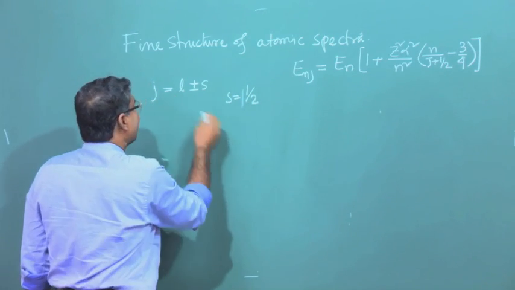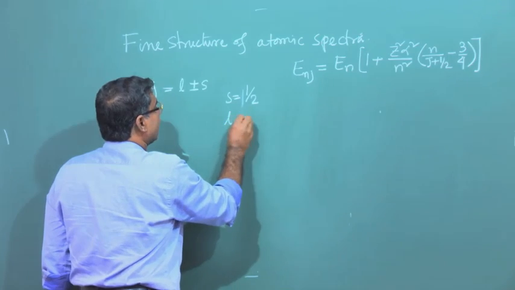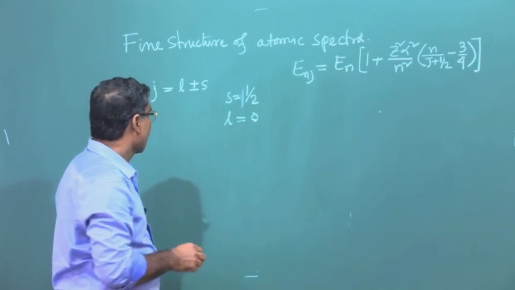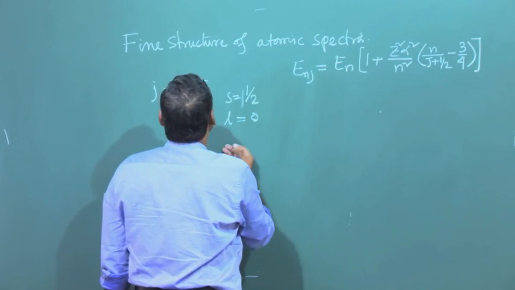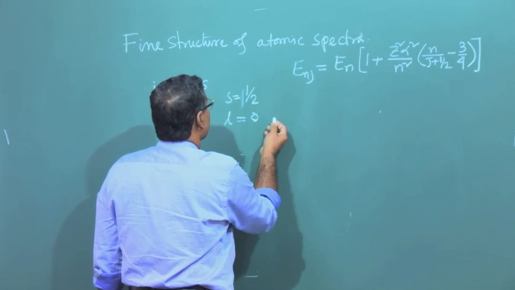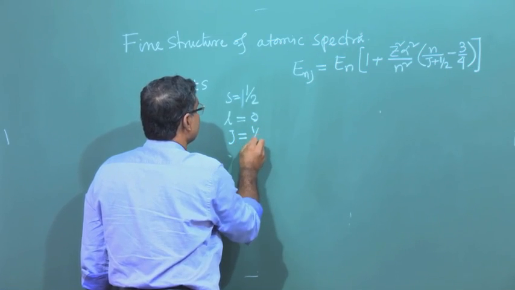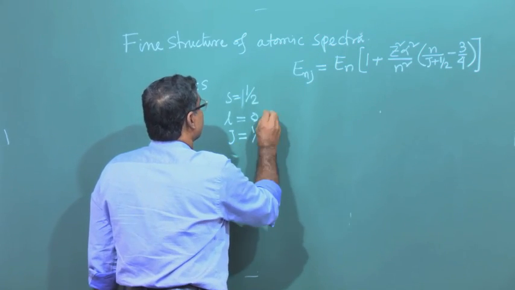Now, depending on L, L can be 0 for S orbital. Then J will be half.